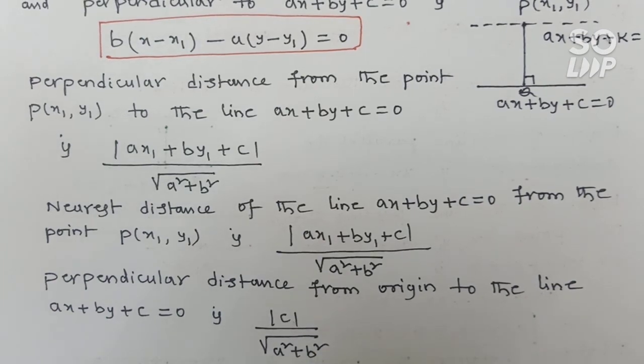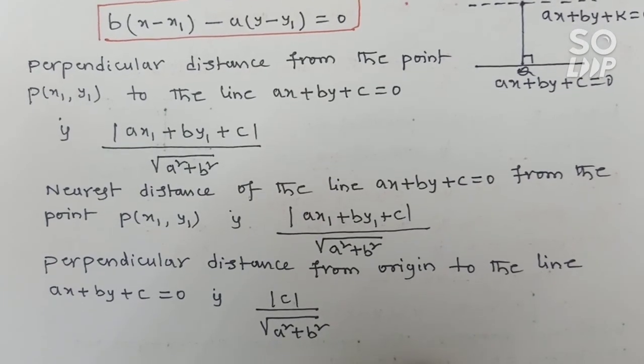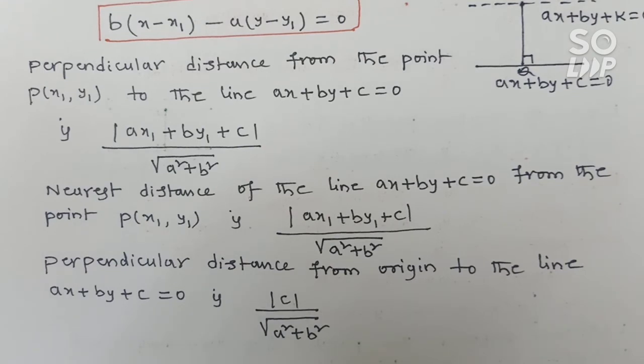So this is the perpendicular distance from the origin to the line ax plus by plus c equals 0.